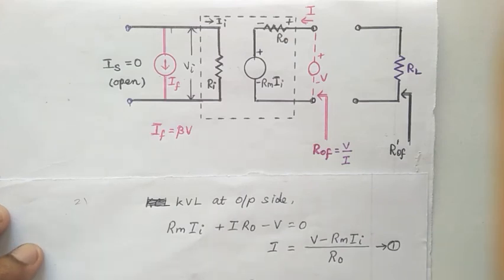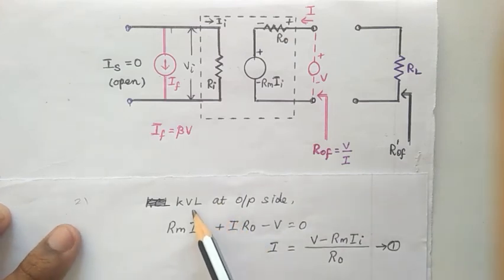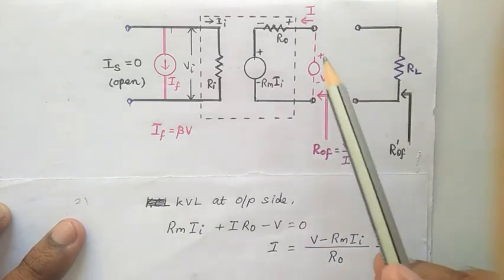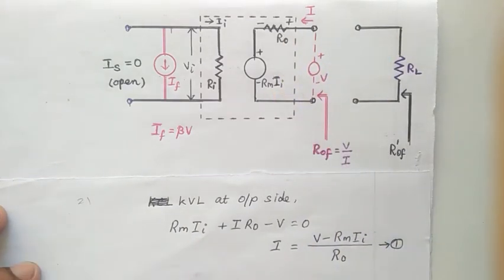In the output resistance derivation, we move to step 2. In step 2, we take Kirchhoff's voltage law on the output side.